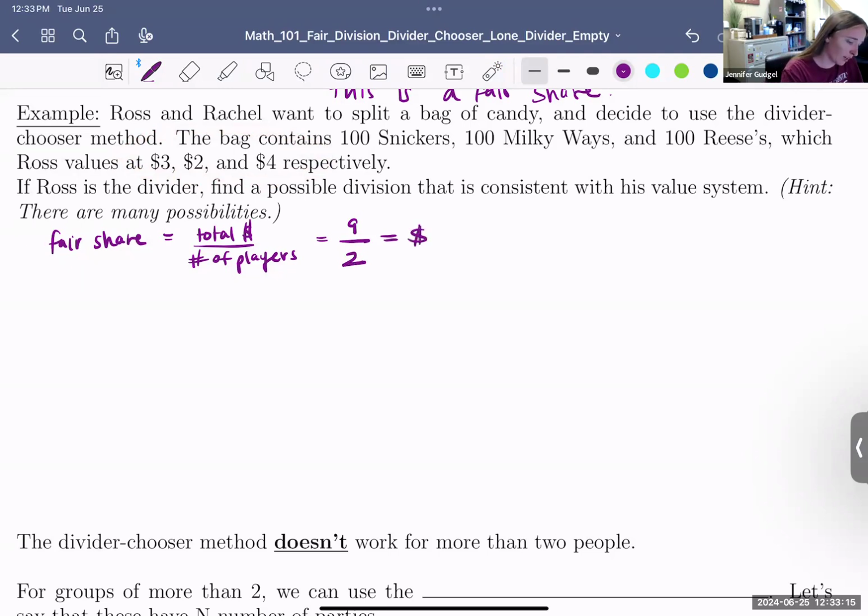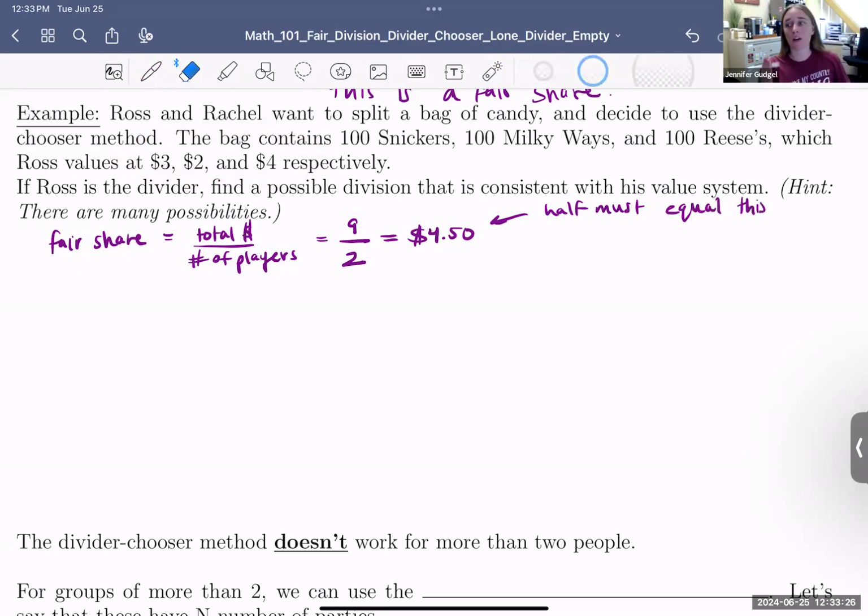So a fair share is $4.50. Half must equal this. As the divider, when you create a half, it must equal exactly this because that means your other half will also be $4.50. From your valuation system, when you're the divider, you have to make them equal in your eyes.